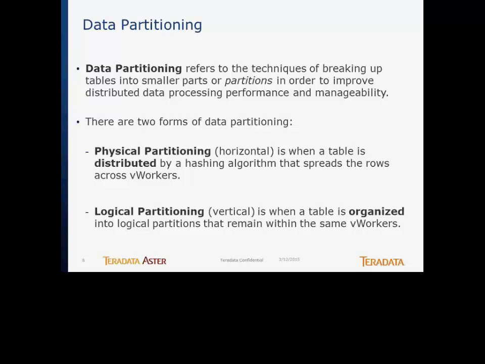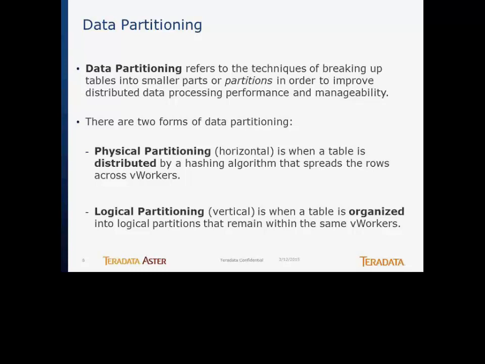Talking about choosing a distribution key, it's also important that you choose one that's used in most of the joins. You may have an idea of the kind of workload you're going to have in your system, so choose something for a table where that key will be used in most of the joins or group by aggregates.